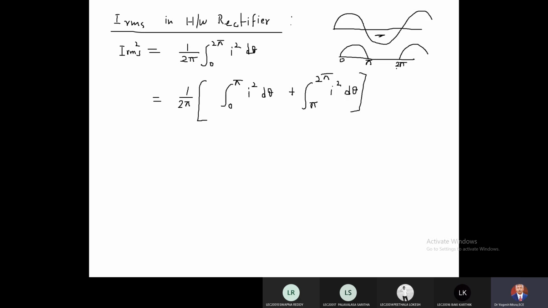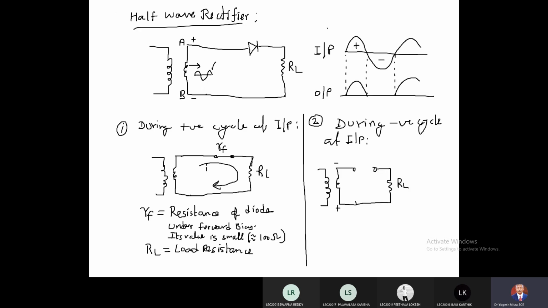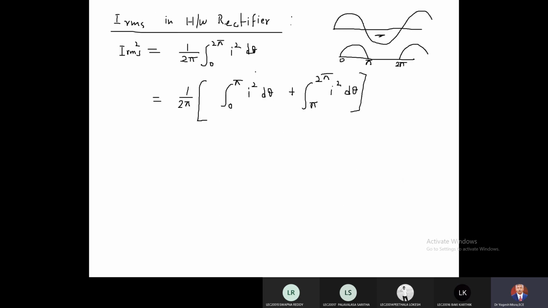Whatever input AC you have applied, only during the positive cycle is that AC flowing, but when the negative cycle is there, due to the open circuit of the diode, that current is not flowing. That's why you are getting this type of waveform.